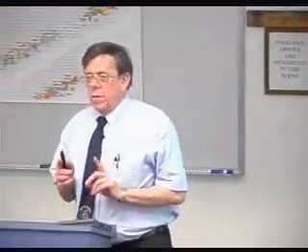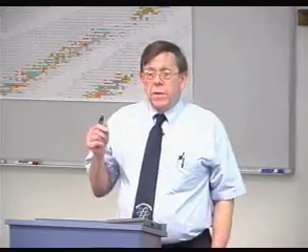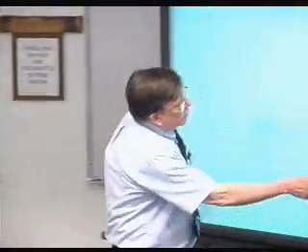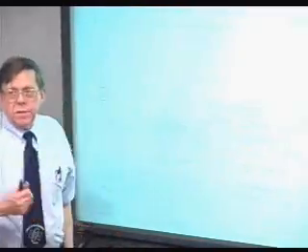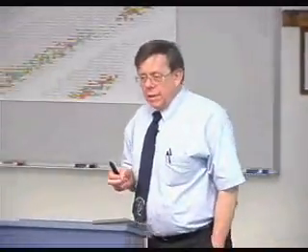Here's another one, tellurium and iodine. These are cases where the elements are placed according to their chemical properties. Their masses are in opposite order, okay? This mass is larger than that mass. It's chemical properties that are determining the order here.